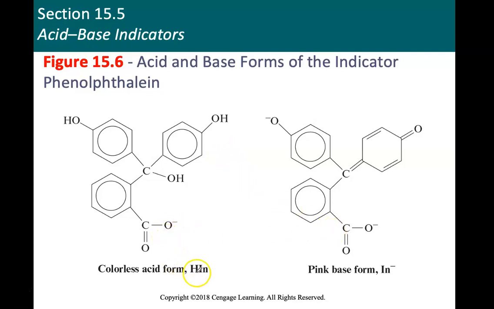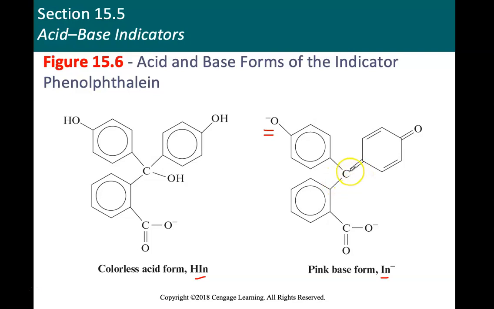So this is the HIn form, which is the one present in acidic medium. And in the base form, the proton is lost. Where is the proton removed from? It is removed from this oxygen. So that's the proton that is removed, and that's what we get.